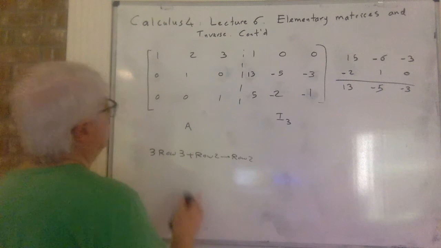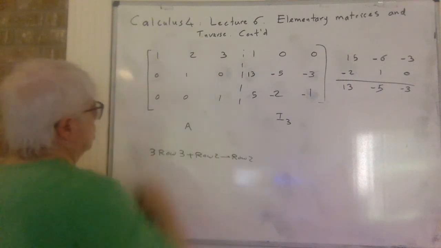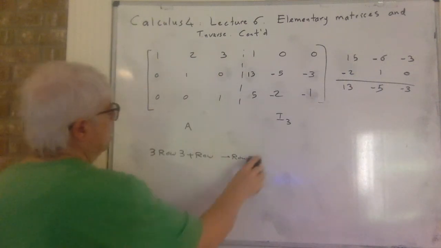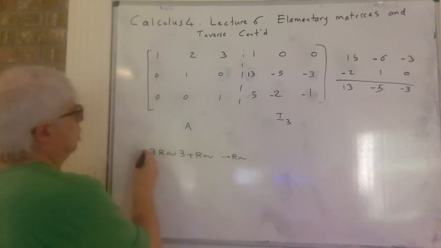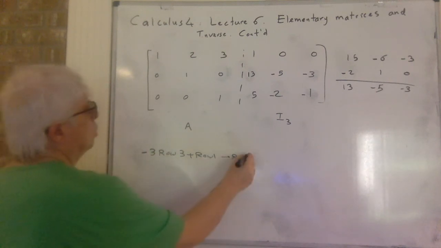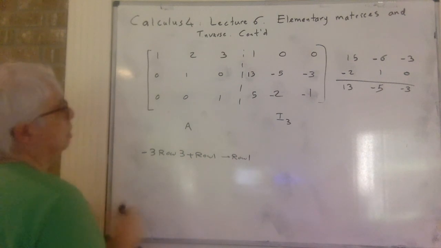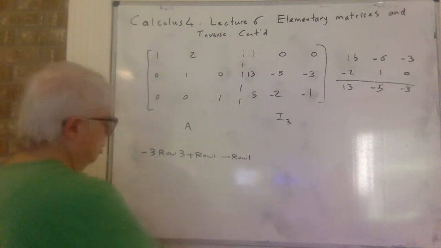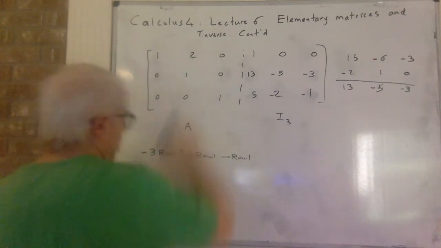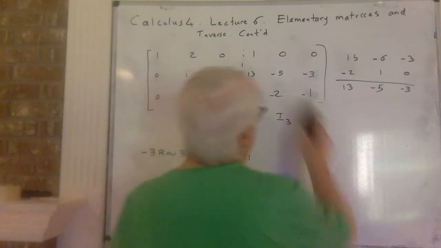Another one is, I should get rid of this. So it is, in fact, minus 3 times row 3 plus row 1 goes to row 1. That eliminates this and this becomes 0. What happens here?